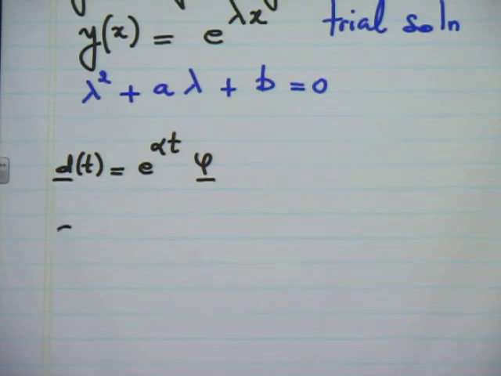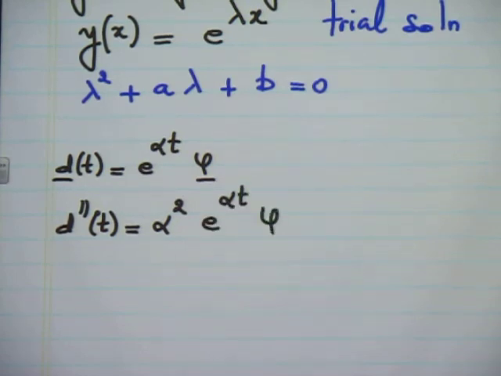Then what would be D double prime, which is also time dependent? It is alpha square e to the alpha t times phi, because phi is a constant matrix, so it's not time dependent.